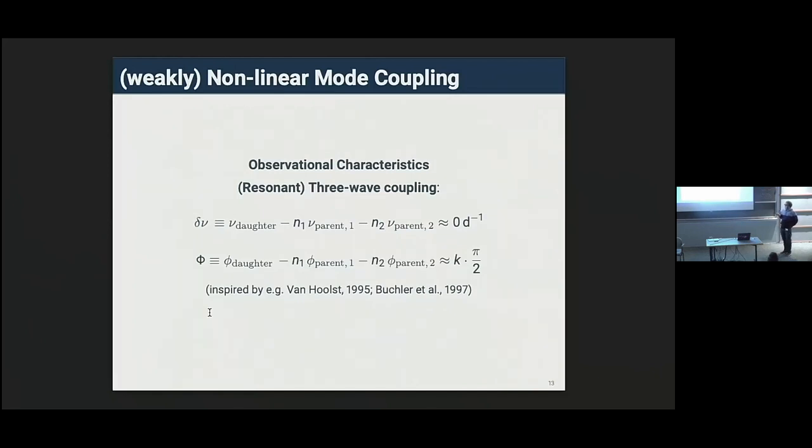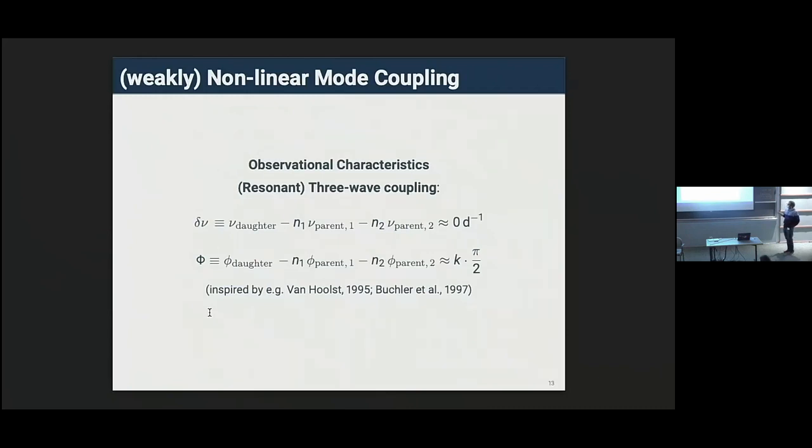This is the difference between the frequency of your daughter mode and the linear combination of the frequencies of your parent modes. And for the modes that we are considering, for the part of the parameter space that we're considering, this should be approximately 0 cycles per day, so that we have a frequency locking.